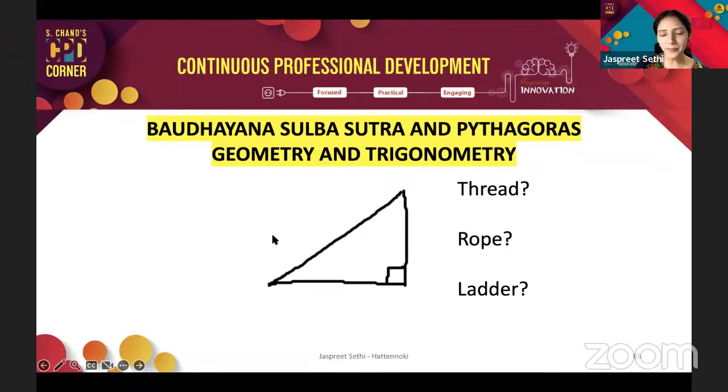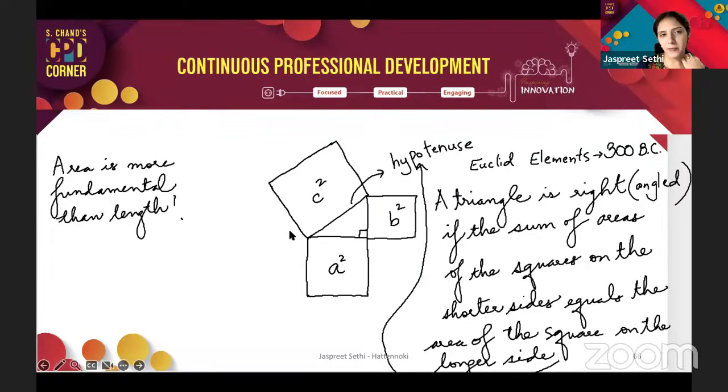So what's the theorem? Everybody is a little familiar with a square plus b square equals c square, but actually in Euclid's Elements, which is a book written in 300 BC, it is much more fundamental. Area is more fundamental than length. So we don't talk so much about this leg of the right triangle and that leg of the right triangle, but the area that that particular side is able to create.